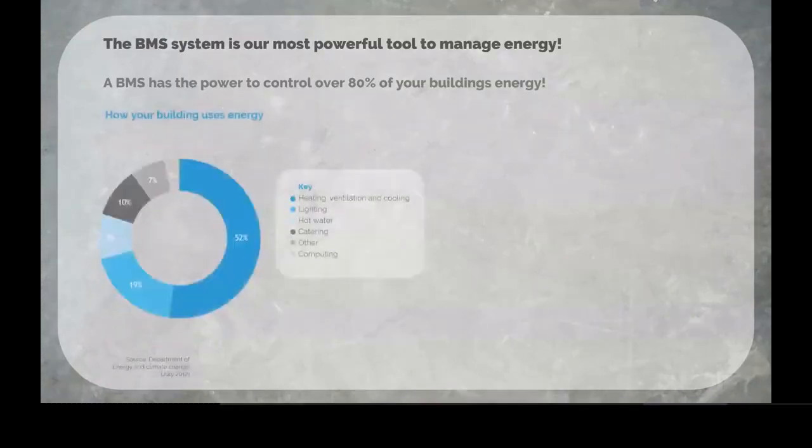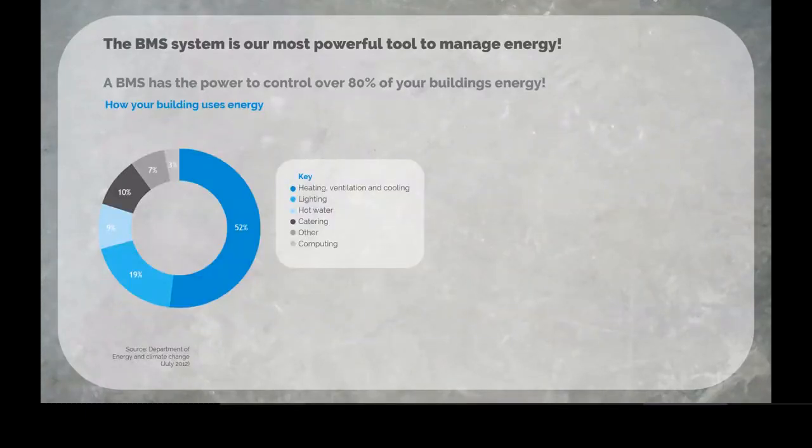Actually, a study was done by the Department of Energy and Climate Change, which looked at a whole suite of building types to try and understand what kind of energy is being used, where it's being used ultimately, and can it be on the BMS.